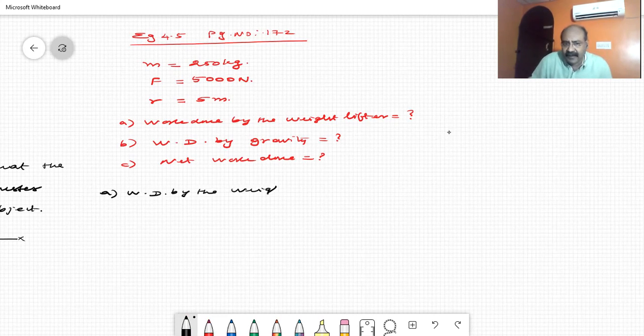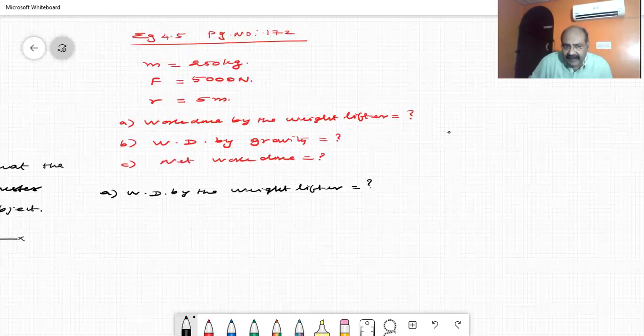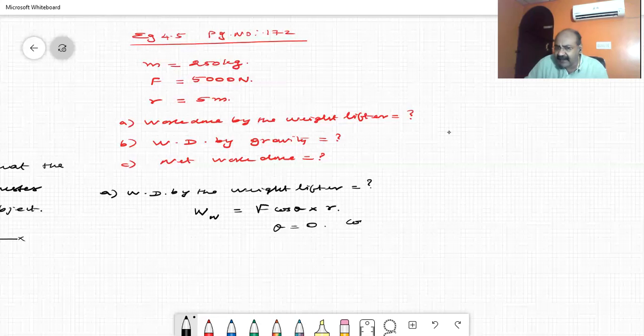Direct formula. Let us take W_W, work done by the weightlifter. So work done by the weightlifter is the component of force, F cos theta, multiplied with the displacement produced, either dr or r. See, the force and the displacement of the weight lifted are both acting along the same direction. So theta equal to 0. If theta is equal to 0, then cos theta equal to 1.